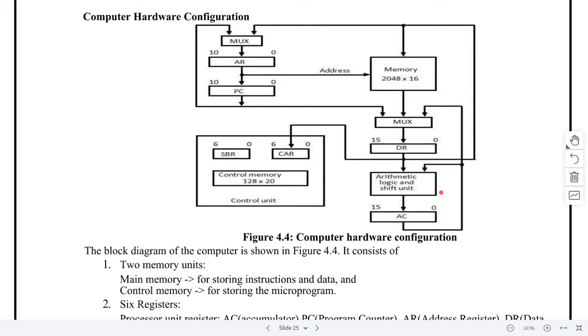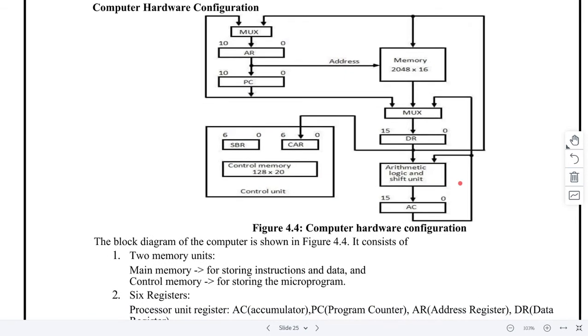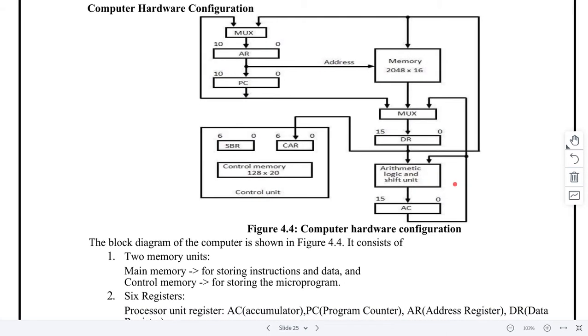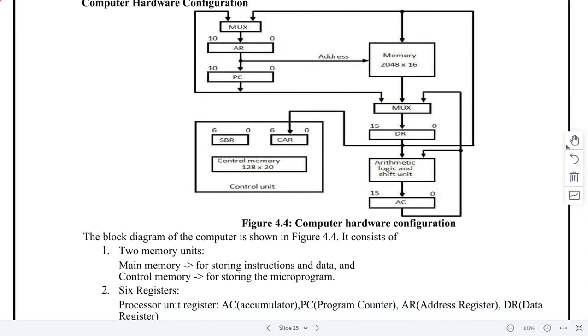The instruction held by the AR register is then sent to the accumulator. The data register also connects to a multiplexer, and all these computations are done using an arithmetic logic and shift unit.